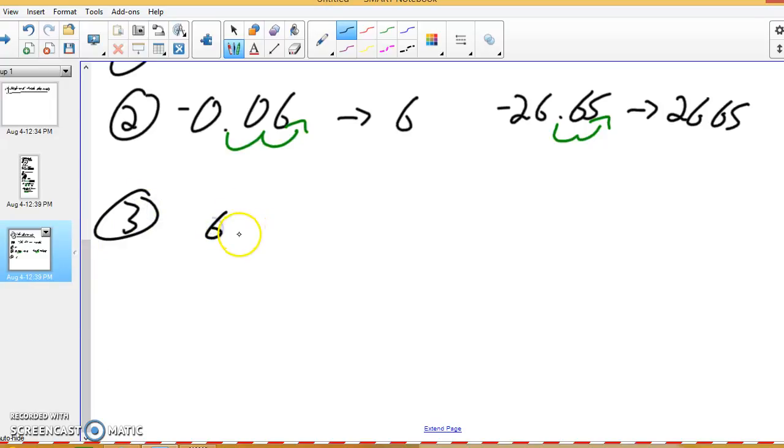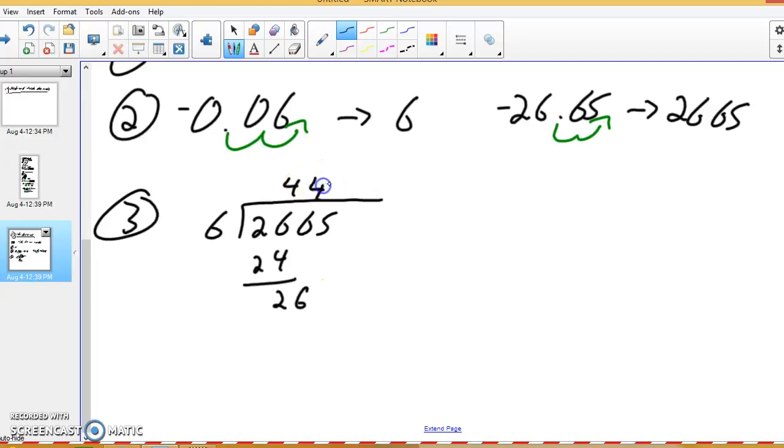So we have 2665 divided by 6. And again, like I said, it's a regular division algorithm. 6 doesn't go into 2, but it goes into 26 4 times. 4 times 6 is 24. Same thing. Drop the 5 down. Same thing.